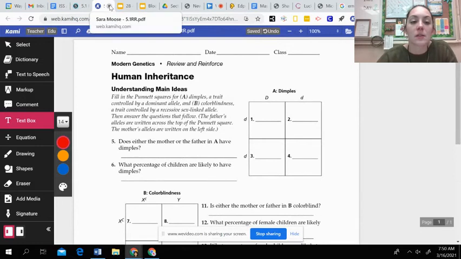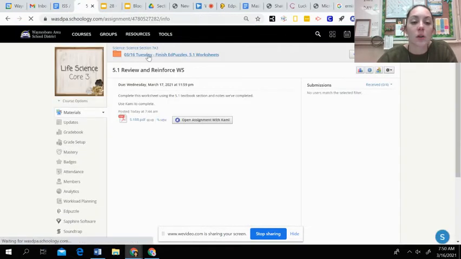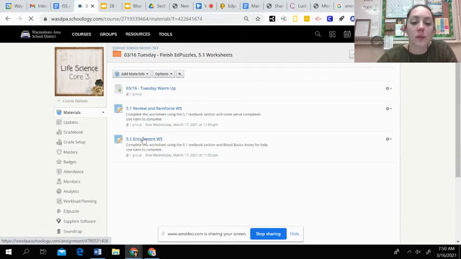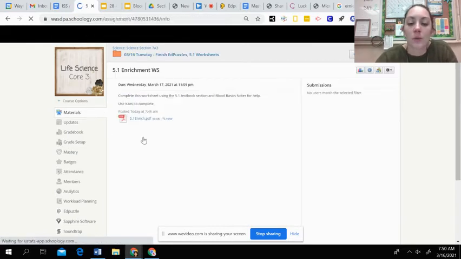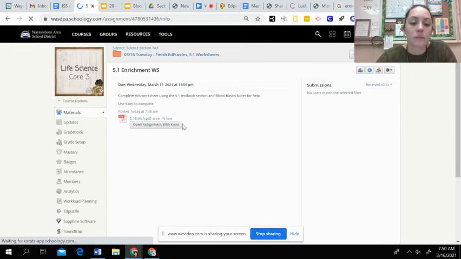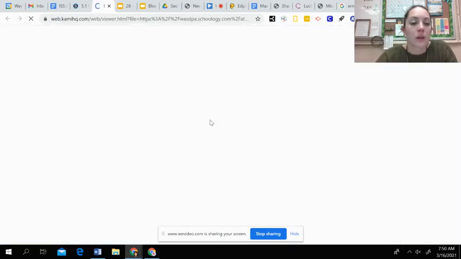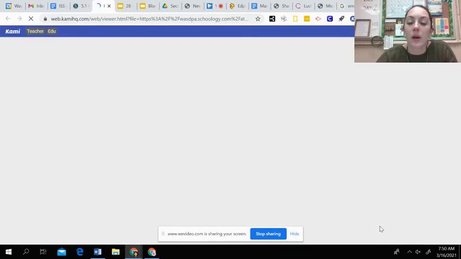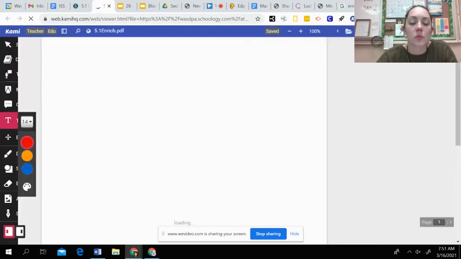You'll submit this to Schoology, and then the second worksheet is the 5.1 enrichment worksheet. Again, you will open that through Kami. And this one is similar with Punnett squares, but it's looking at blood type and a specific blood disorder.